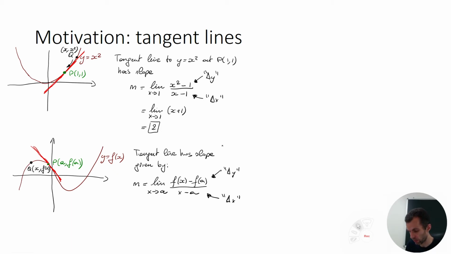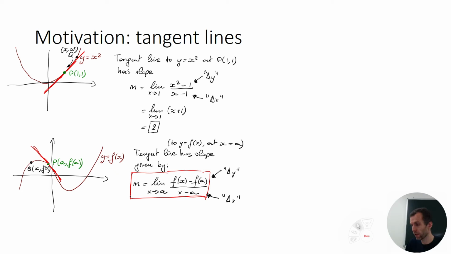And so here, just to be precise, the tangent line to y equal to f of x at x equal to a. So this is a very important expression, which will give the name of the derivative of a function, but we see it first here as a way to compute slopes of tangent lines.